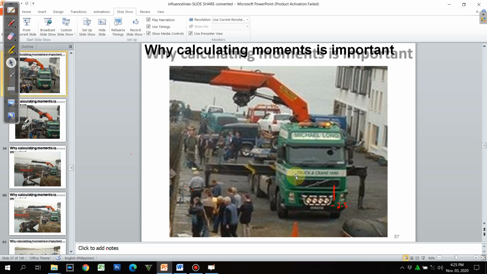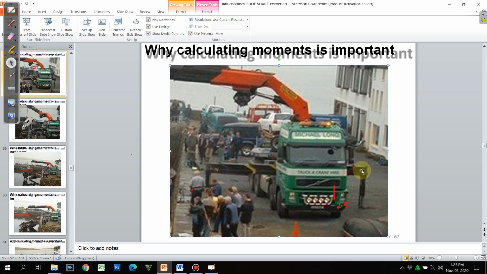And as you can see, there is a bracing here so as to protect this truck from overturning.